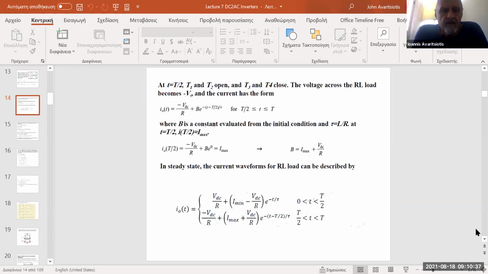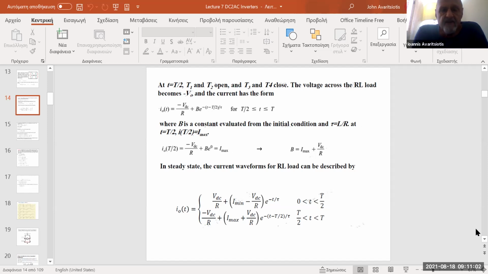And the current now will have a similar form as it is shown on this transparency, but the values of the voltages will be reversed. So a minus sign will appear on both the forced response and natural response parts of the current.